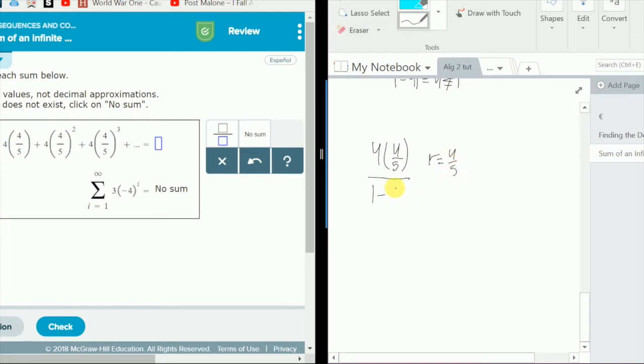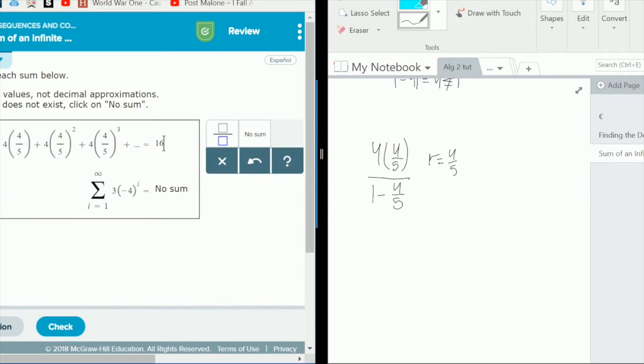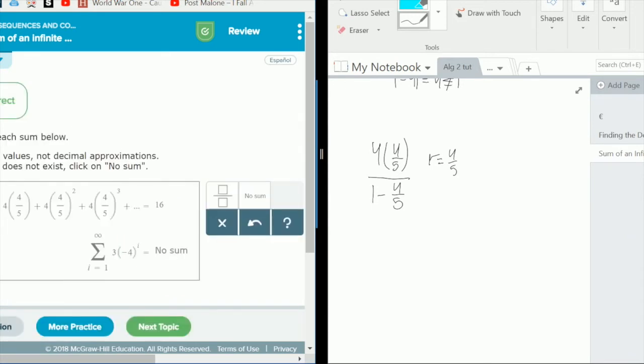So if we do 4 times 4/5 over 1 minus 4/5, let's do this on our calculators real quick, we get 16. So the answer to this is 16. And let's check this, and we should be correct.